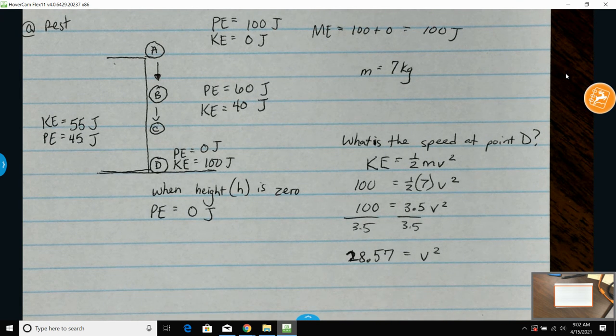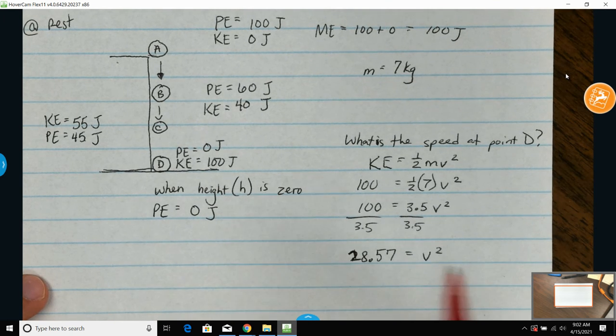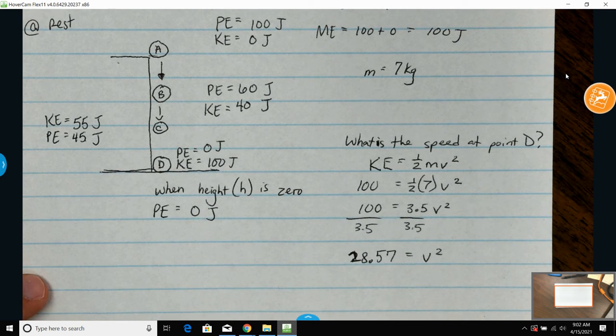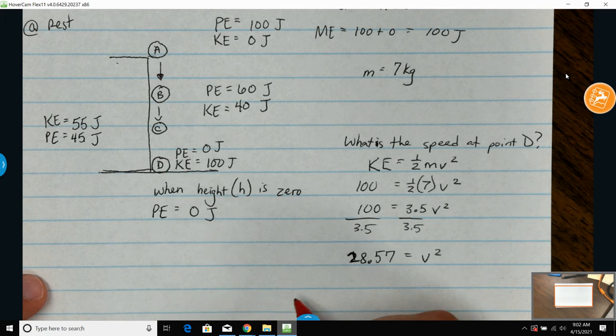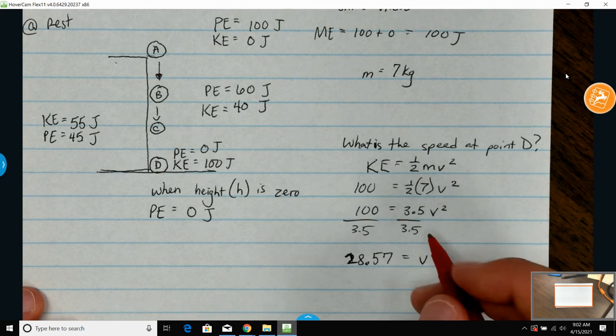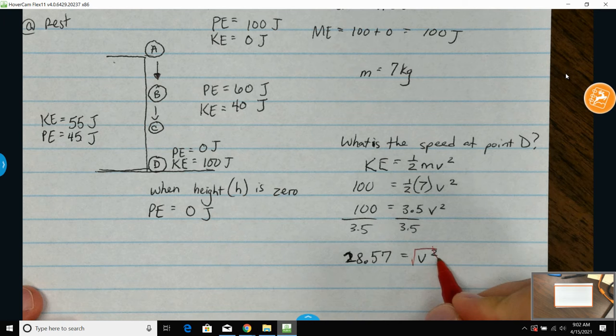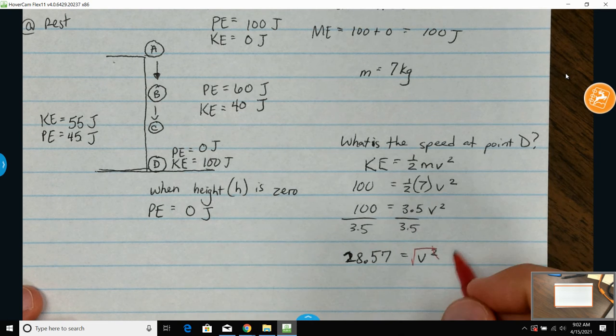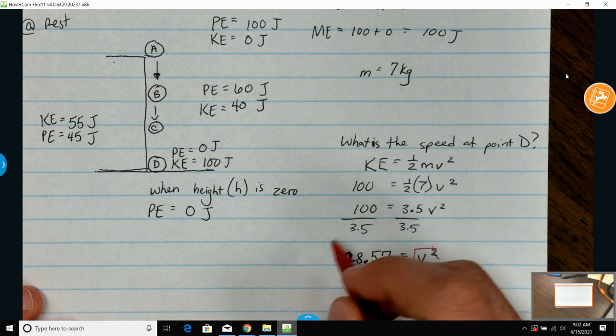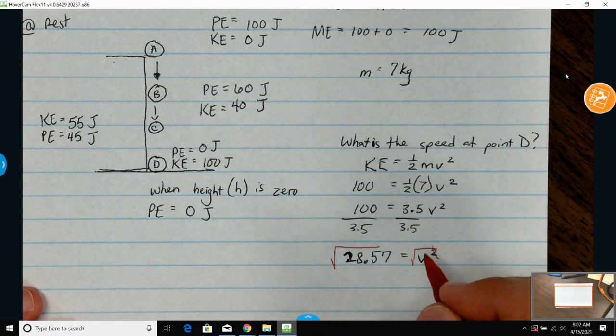How do I get v by itself? It's squared, right? So to get rid of a square, you need to square root it. And whatever you do to one side of the equation, you have to do to the other. So when we do that, it gets rid of the squared part and just leaves us with v. And we have to square root that number.